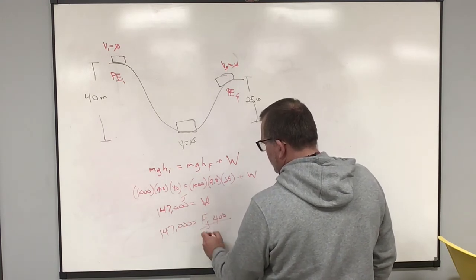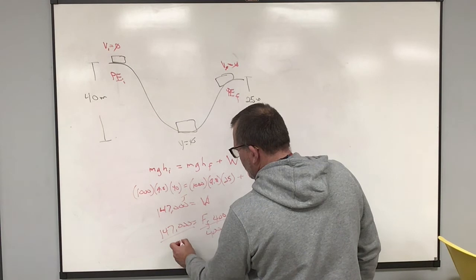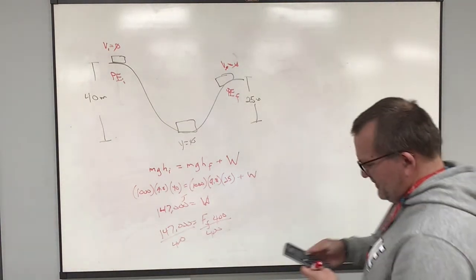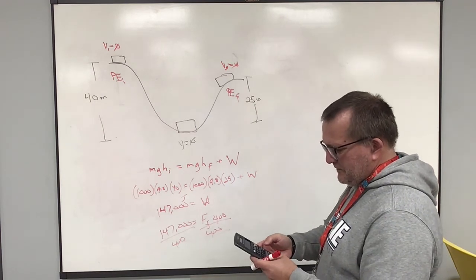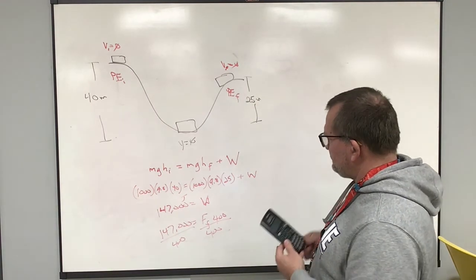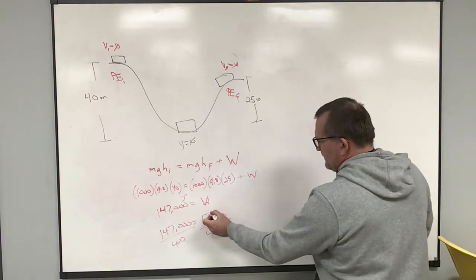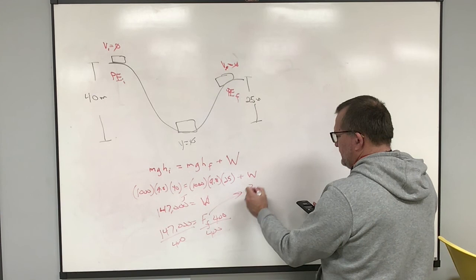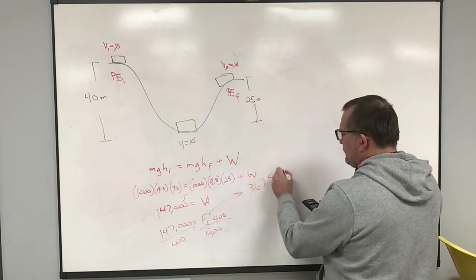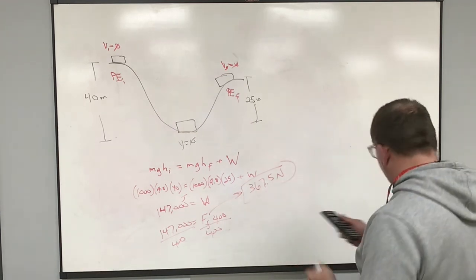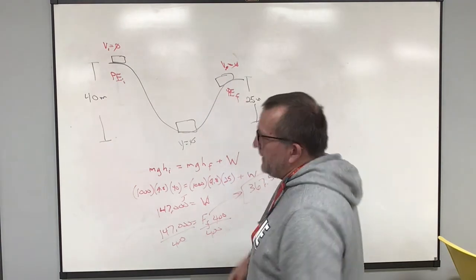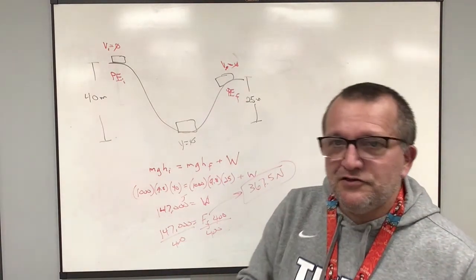So if I divide that by 400, that would give me a relative average frictional force of 147,000 divided by 400. So our frictional force is 367.5 newtons. So that's the force of friction acting on our car during that entire trip. And again, that's average, not at each individual location.